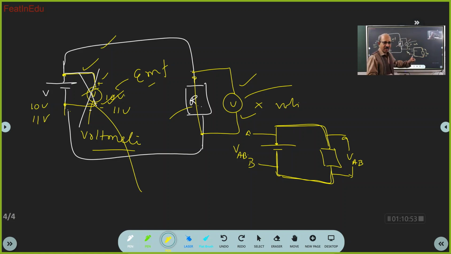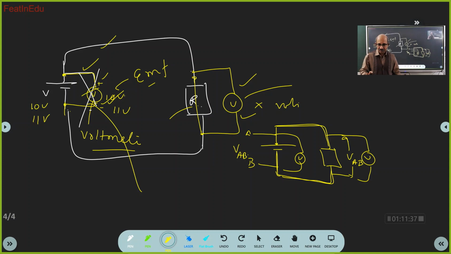That means this wire will not consume any energy for allowing current to pass through it. There is no block. So whatever is the potential, if you connect a voltmeter here, it will give some reading. The same voltmeter if you connect here will give the same reading.